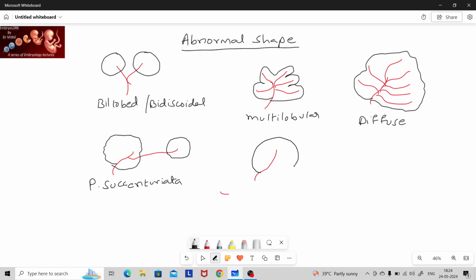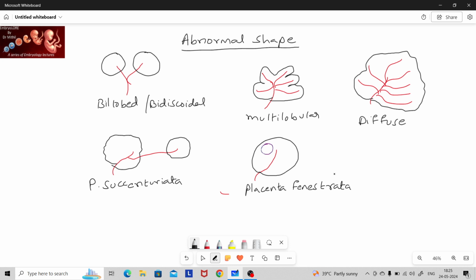But there will be a hole at one side. Okay, so this is the placenta fenestrata.